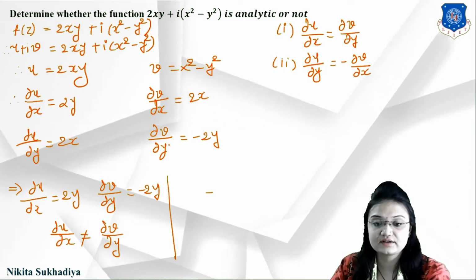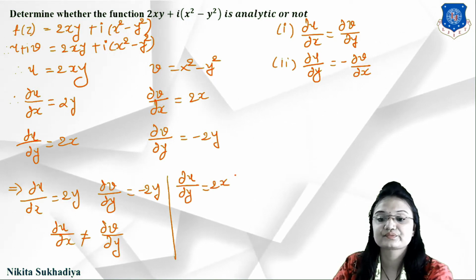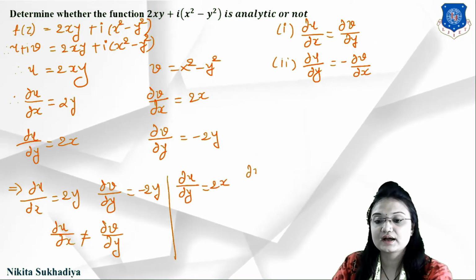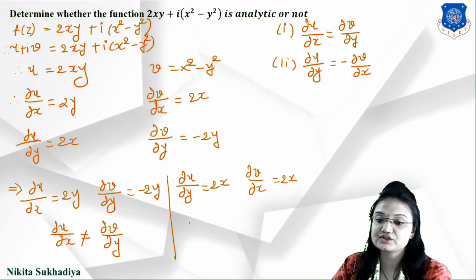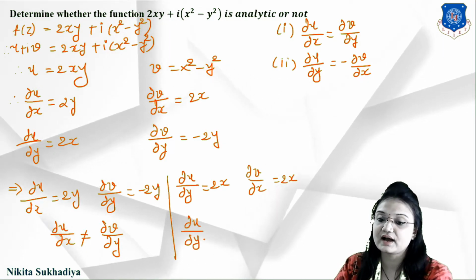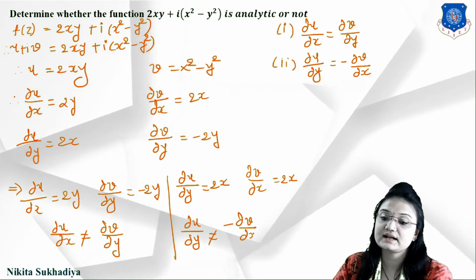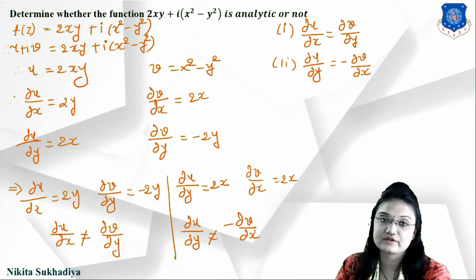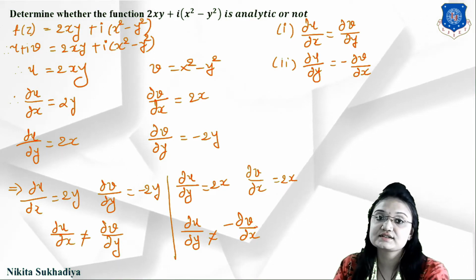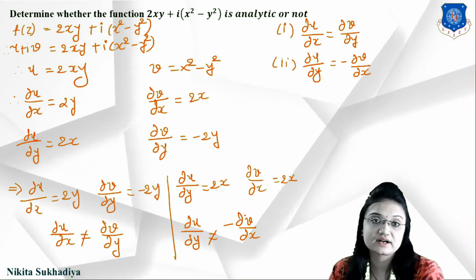And second, we have del u by del y, that is 2x, and del v by del x, that is also 2x. So the second condition, del u by del y is equal to minus del v by del x, is not satisfied. Here both conditions are not satisfied. If any one condition is not satisfied, then also we can say that our function is not an analytic function.